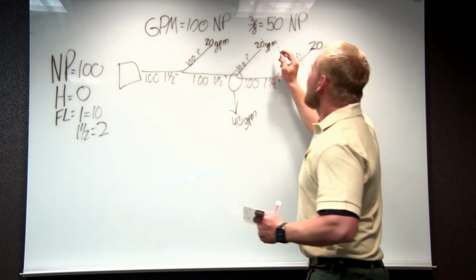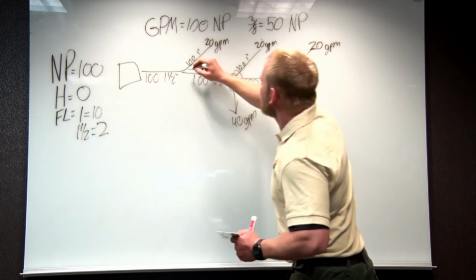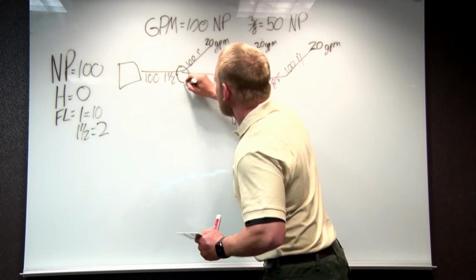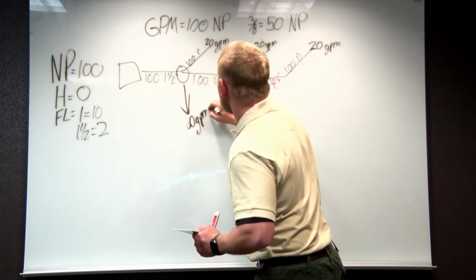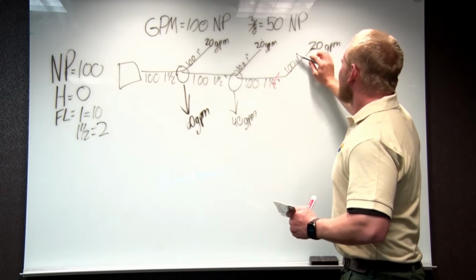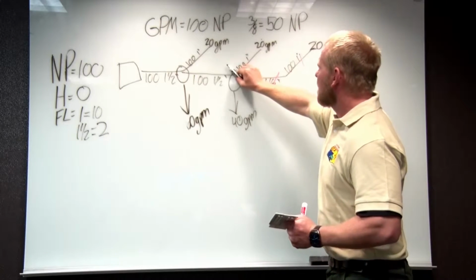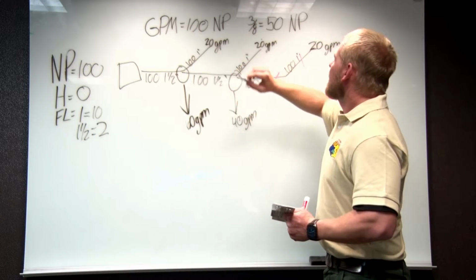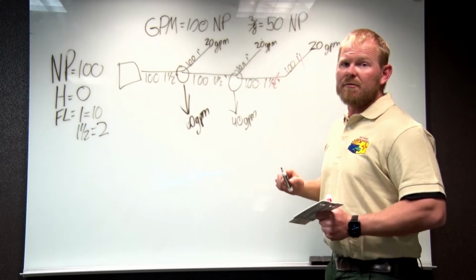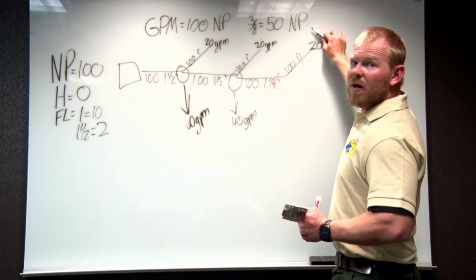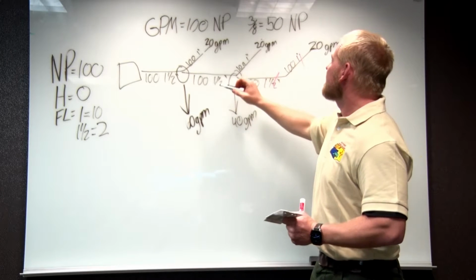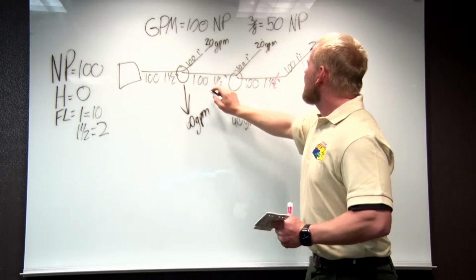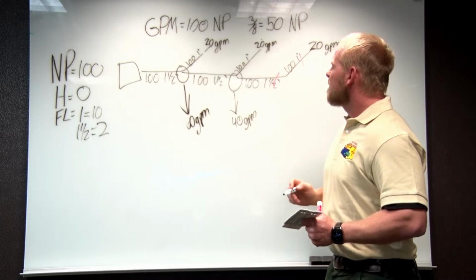And if I keep working my way back, at this junction it'll be 60. So I've done that one, I've done that one, this is where I'm at. Don't have to worry about that lateral. I already determined I have proper flow here, so I must have proper flow in the previous two.